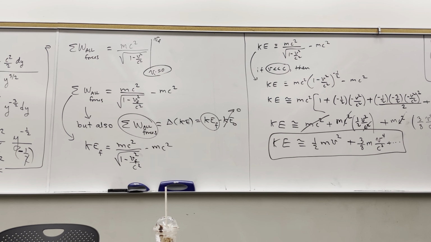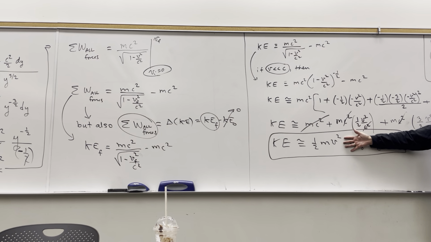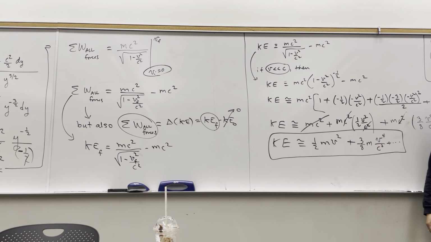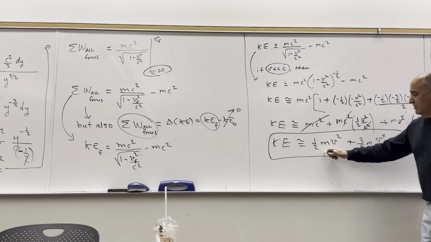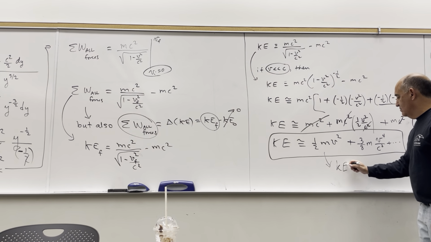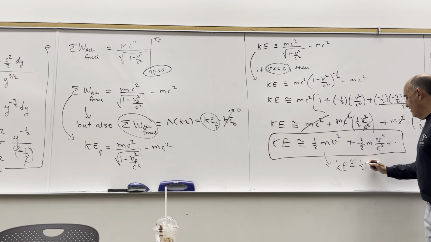Now, in Phys 185, usually this term is much bigger than this term, so you just throw that out. So kinetic energy is 1/2 mv squared.